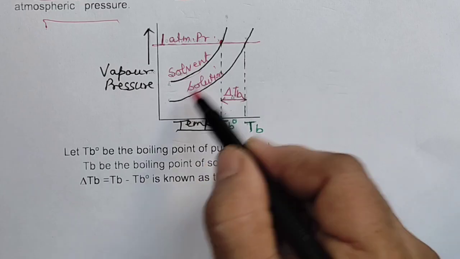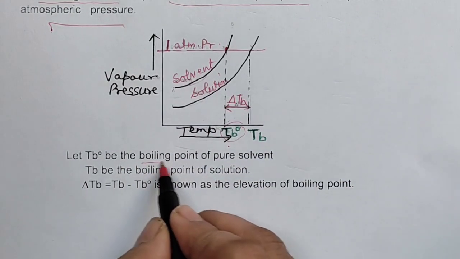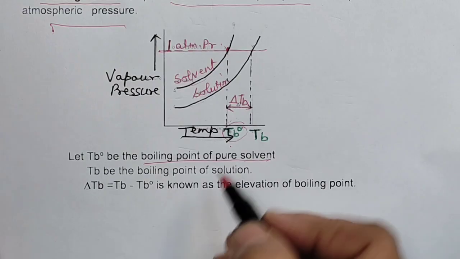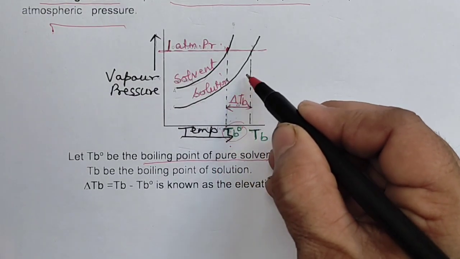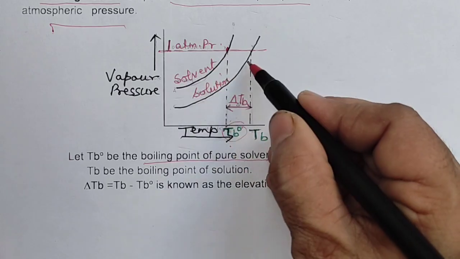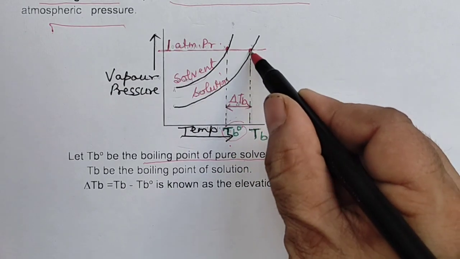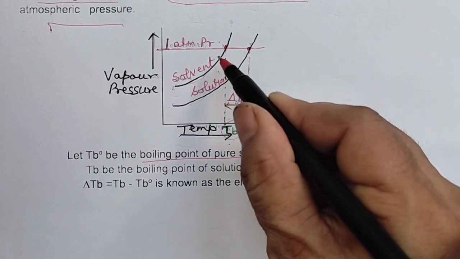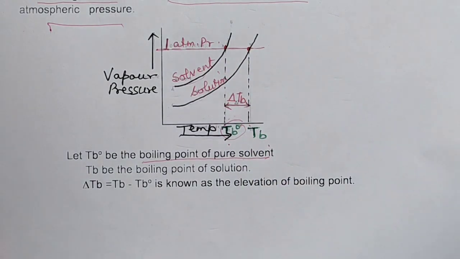For solvent means pure solvent. So TB naught is the boiling point of the pure solvent. And when I add a non-volatile solute to it, the pressure is lower. So the graph is lower. And this point is TB now. This point is when the vapor pressure of the solution becomes equal to the atmospheric pressure. The corresponding temperature is referred to as the boiling point of the solution.